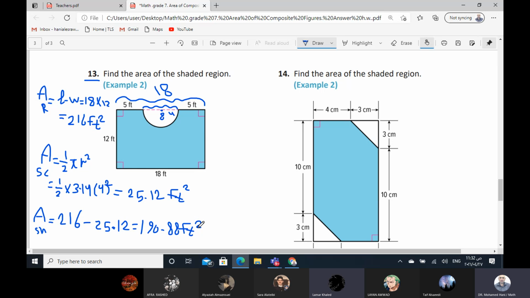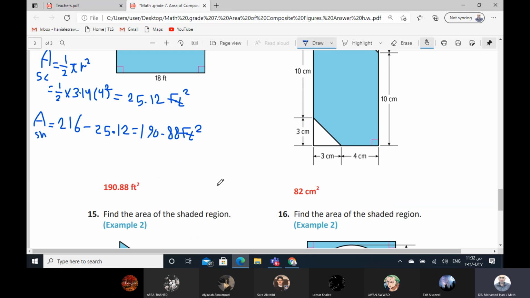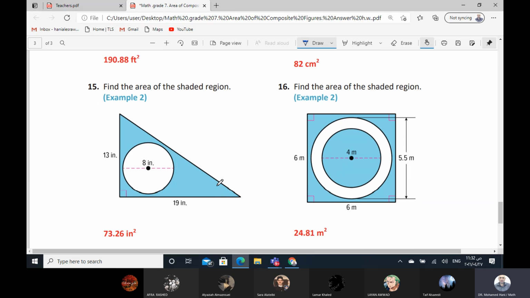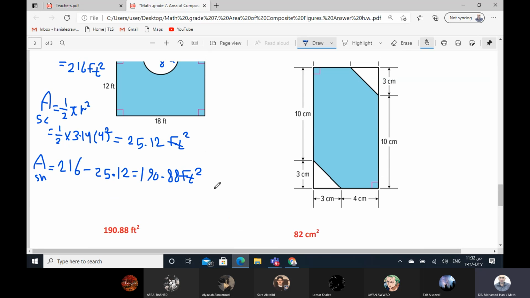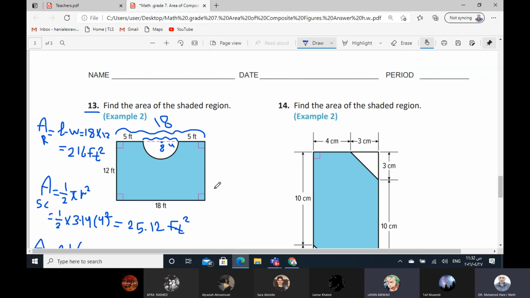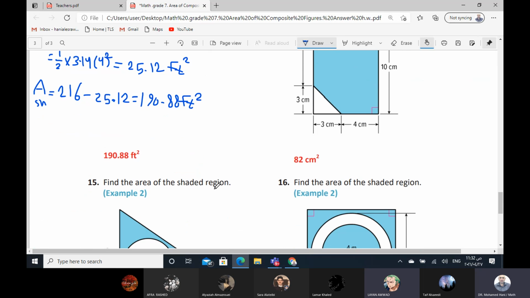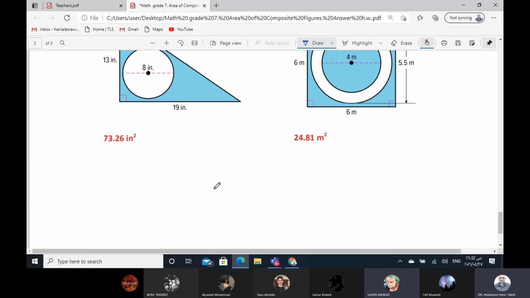No questions? Okay. Here, number 14, the same idea. 15, 16, the same idea.